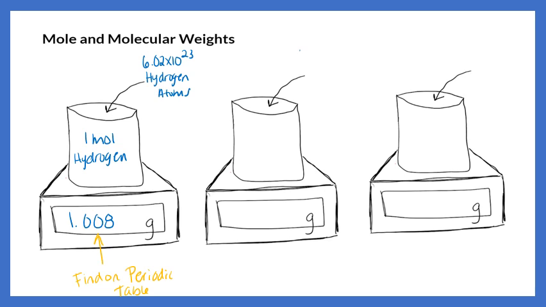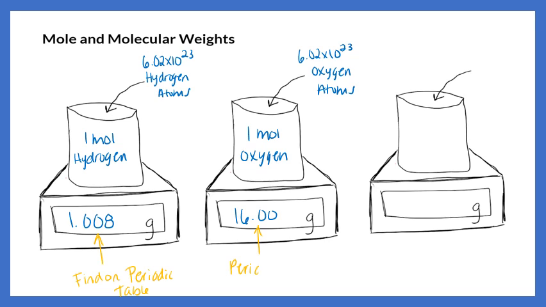Let's say I put 6.02 times 10 to the 23rd oxygen atoms. That should be 1 mole of oxygen. That would weigh 16 grams, which is also the number on the periodic table.